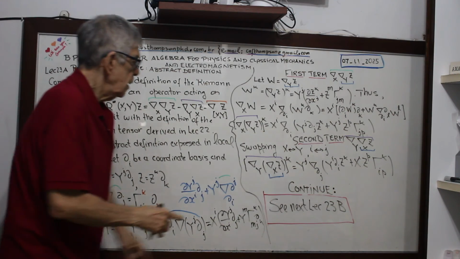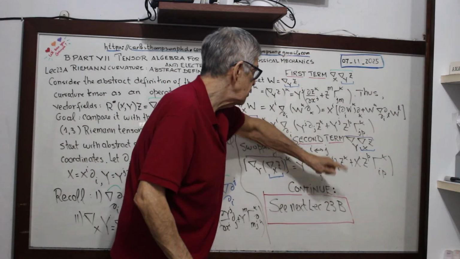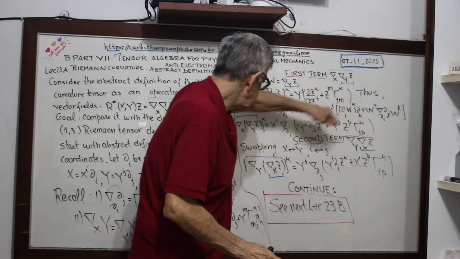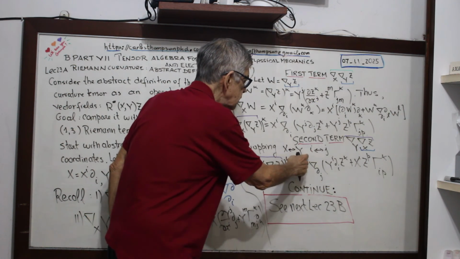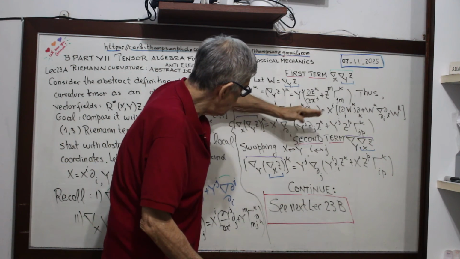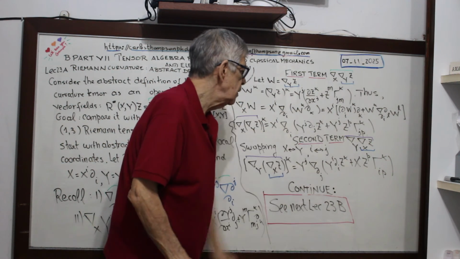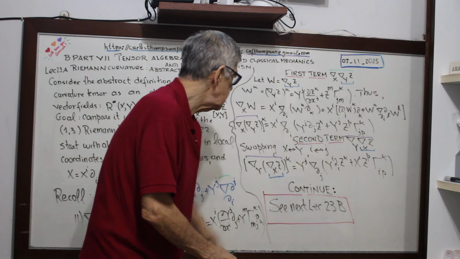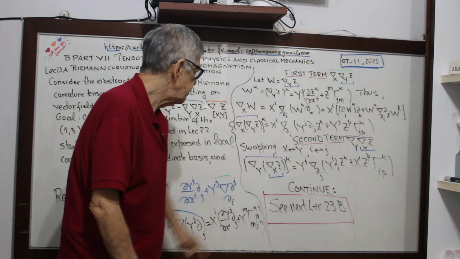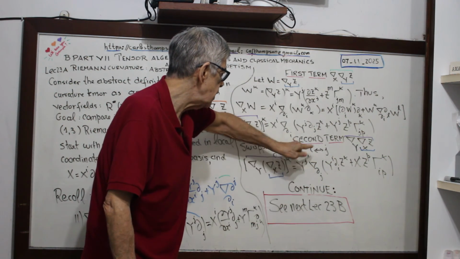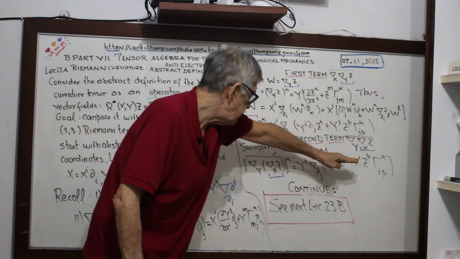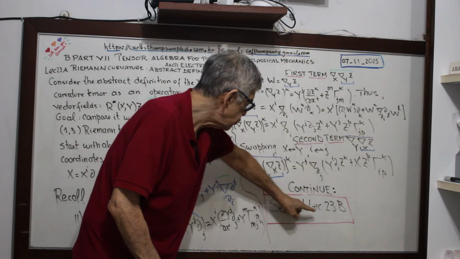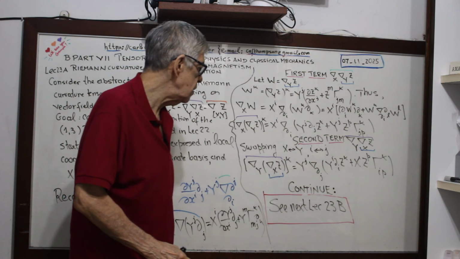The second term, I just swap x and y, and i and j. Then I move from here to here. That's straightforward, I just substitute what I swapped, X^i with Y^j and i with j. I copy it here. Now I will continue on lecture 23b.